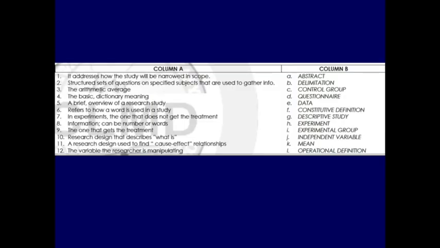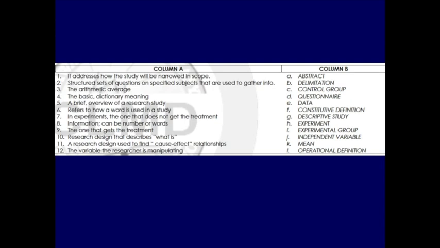Column A. Number 1. It addresses how the study will be narrowed in scope. Number 2. Structured sets of questions on specified subjects that are used to gather information. Number 3. The arithmetic average. Number 4. The basic dictionary meaning.